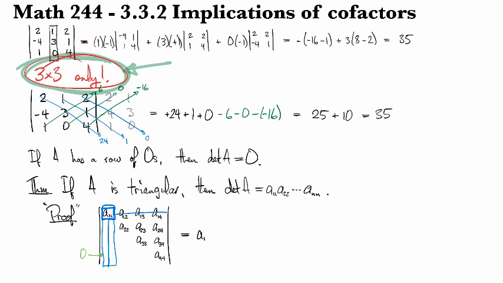So we have A11 times the sign, which is positive 1 because we're in the first row, first corner. And then we cross off the row and column, and we have A22, A23, A24, A33, A34, A44. The zeros in the column make sure that nothing else comes from this particular expansion.